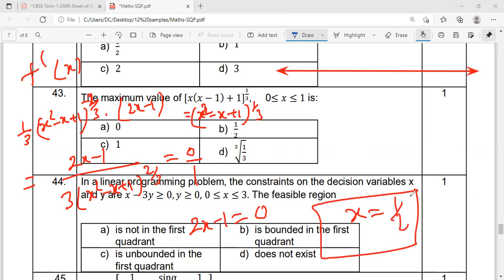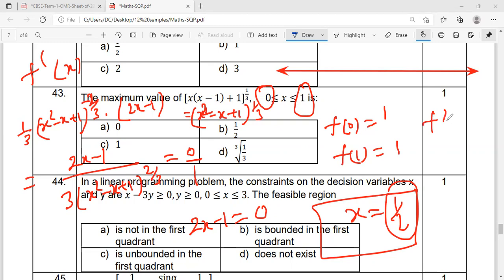2. If x is 1 by 2, now you have three values. In the closed interval, we always take these three values, 0, 1, and 1 by 2. Find out where the value is maximum. See, if x is 0, the value of f(x) is 1, so f(0) is equal to 1. If x is 1, then also it is 1, because x equal to 1 will give me this value 0.